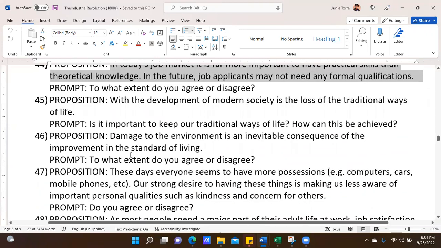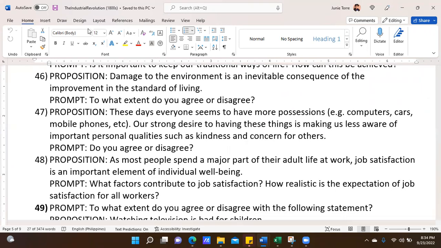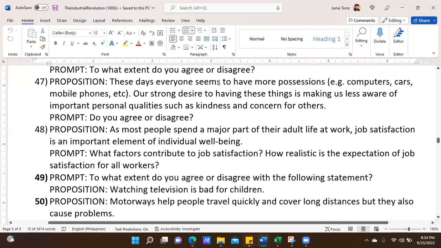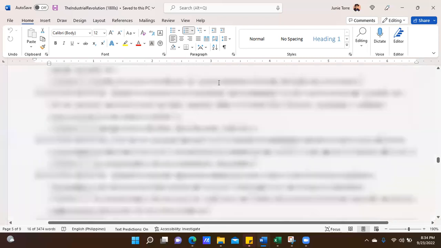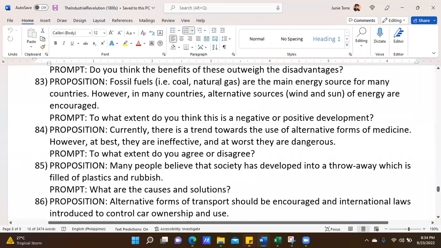Interesting questions, guys. Damage to the environment is an inevitable consequence of the improvement of the standard of living. Okay. Etc., etc. Okay. I'll send you this doc.